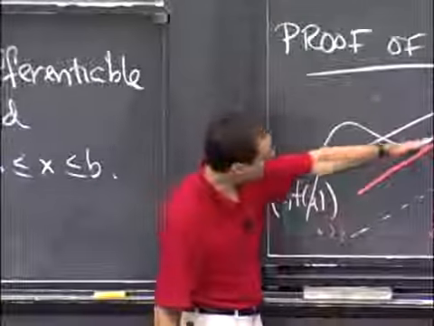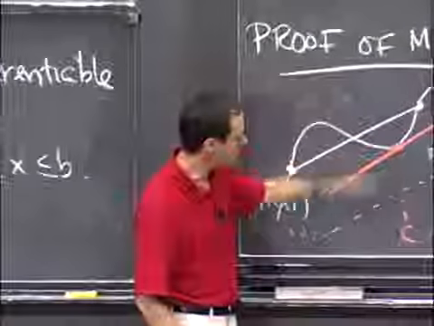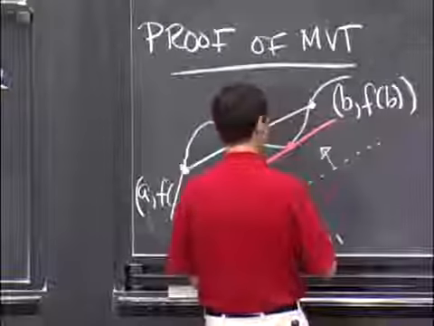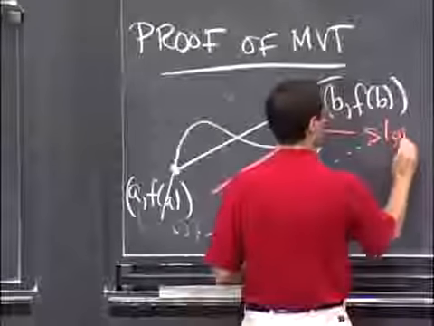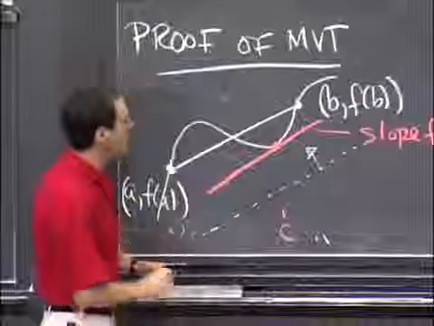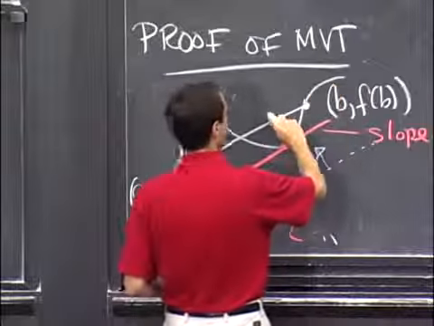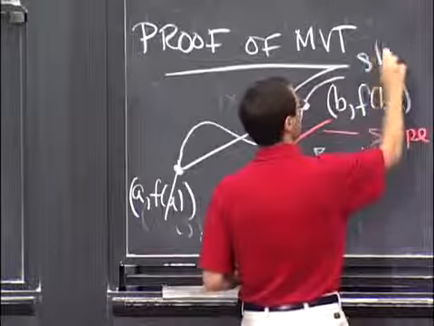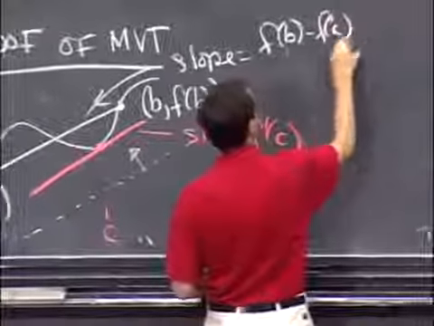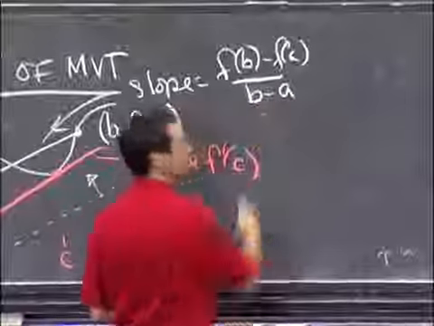And you can see that if the tangent line is parallel to this line, that's exactly the equation that we want. So this thing has slope f prime of c, and this other one has slope equal to this complicated expression, f of b minus f of a divided by b minus a.